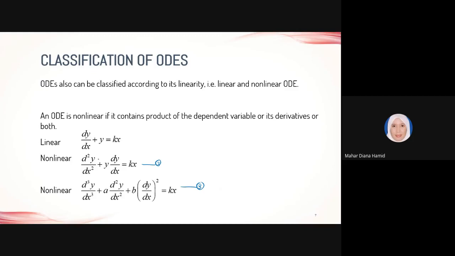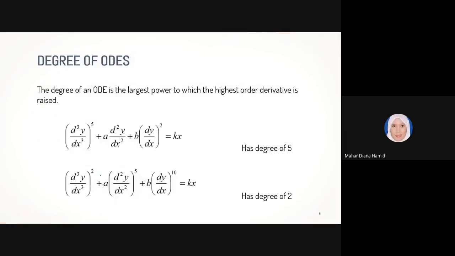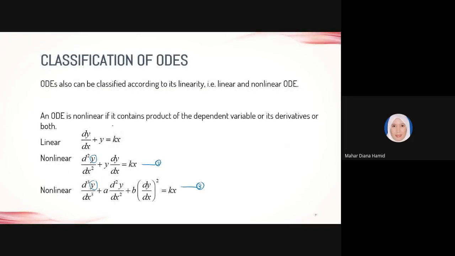Here, if we refer back, the dependent variable is y. I'm not really sure what happened here. As you can see in equation 2, we have y, which is a product of the dependent variables.